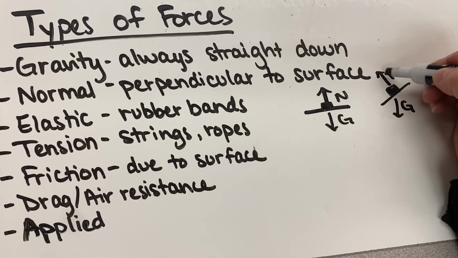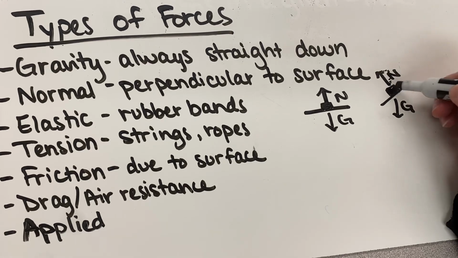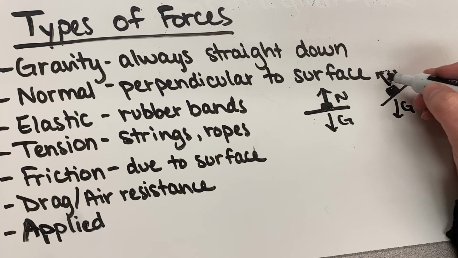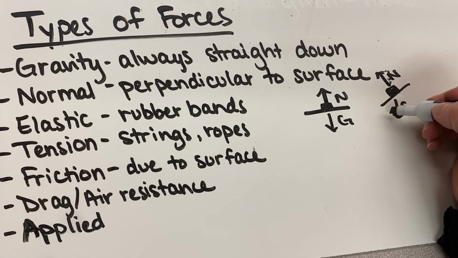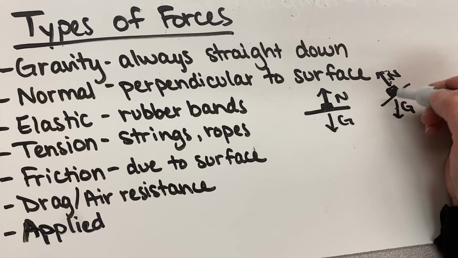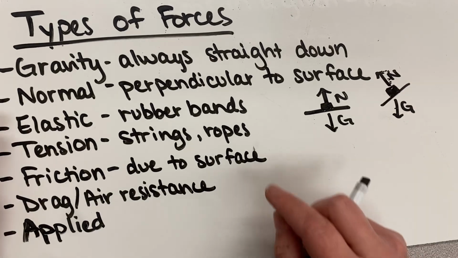If you break the normal into components, we'd have an upward and a left direction. So the upward is going to end up canceling gravity, and that's why we get a diagonal downward force that causes it to actually move downhill. We'll go into more depth with this later.